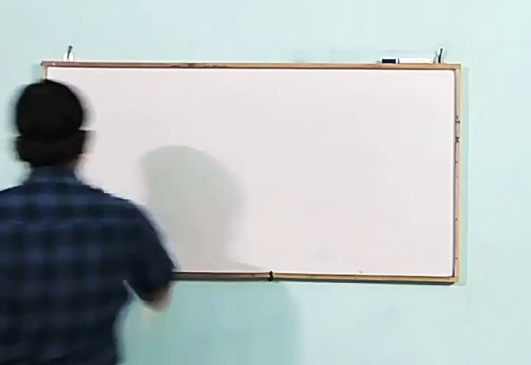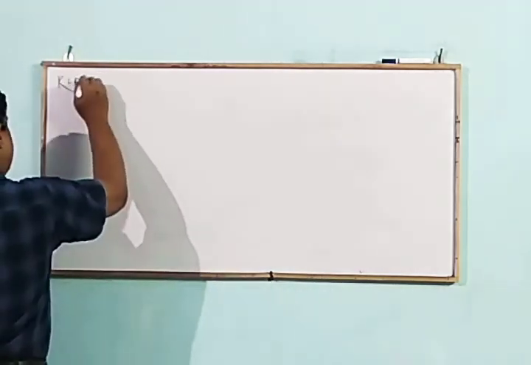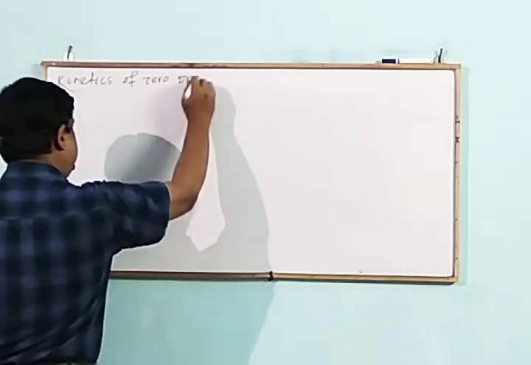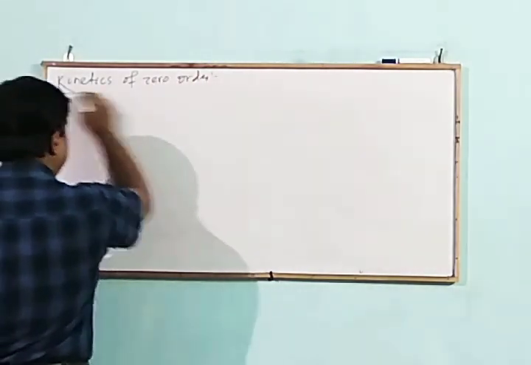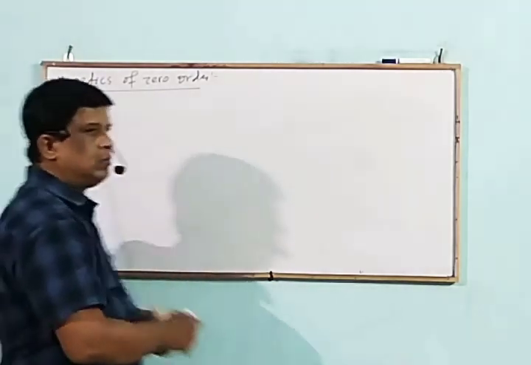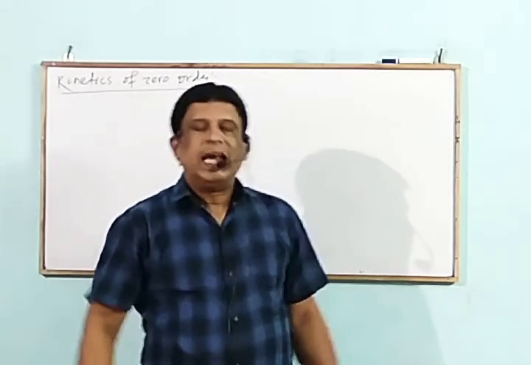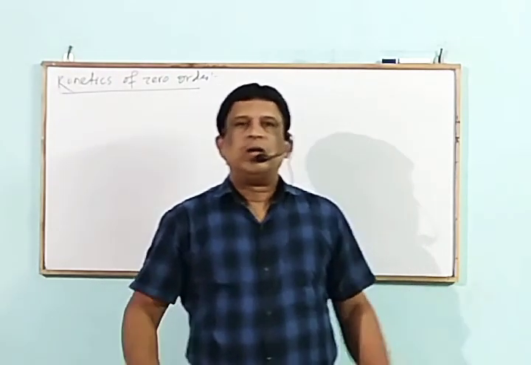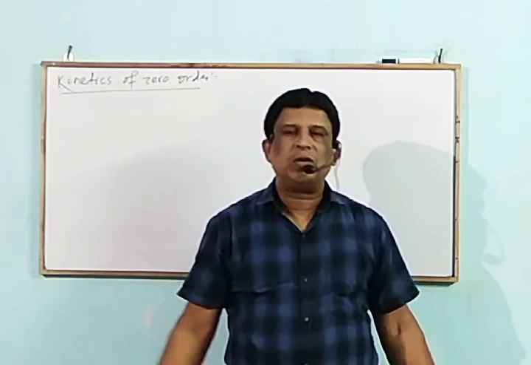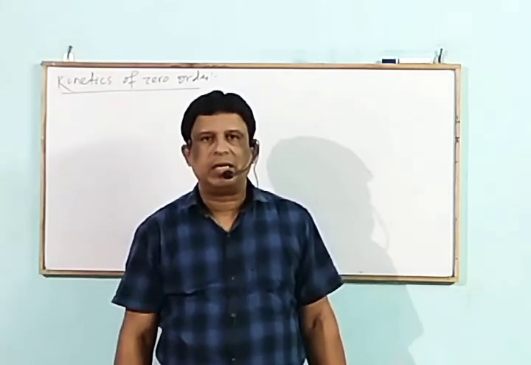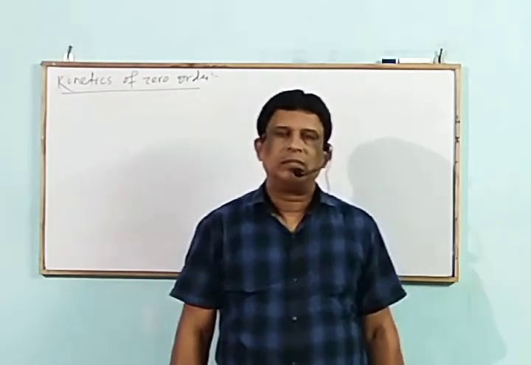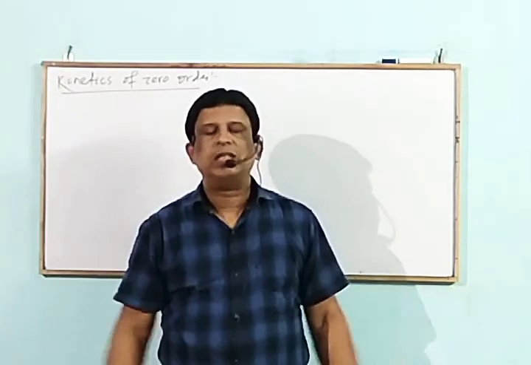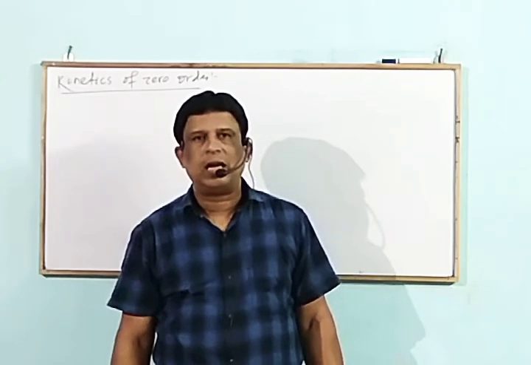What do we mean by zero order? A reaction is said to be zero order if during the progress of the reaction there is no change in concentration of the reactant. That means the rate of reaction is uniform.